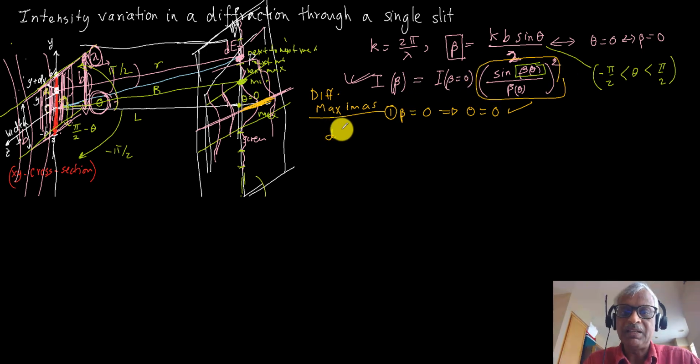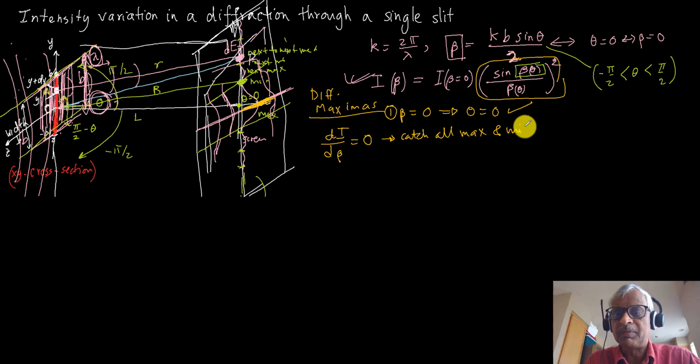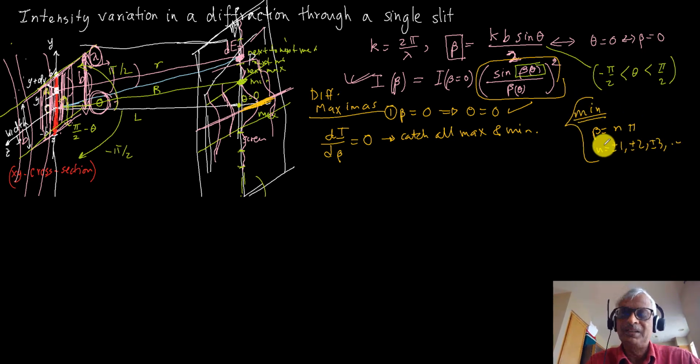So we will say dI d beta equal to 0. It will catch all maxima and minima. But for the minima, we already found that beta has to be n pi, n equals plus or minus 1, plus or minus 2, plus or minus 3, etc. So when we find the answer from here for all the maxima and minima, and we kill the minima out, we'll get all the maxima.